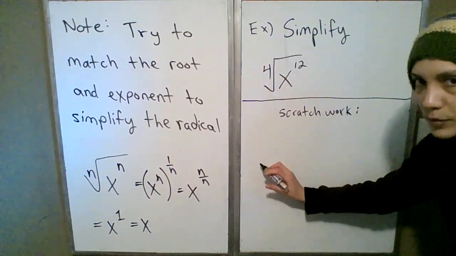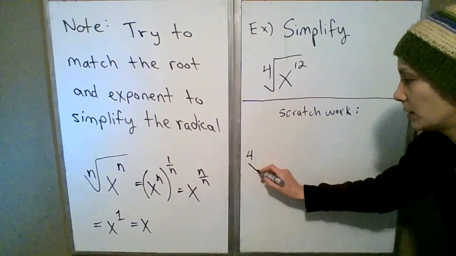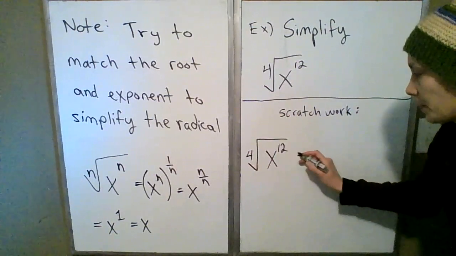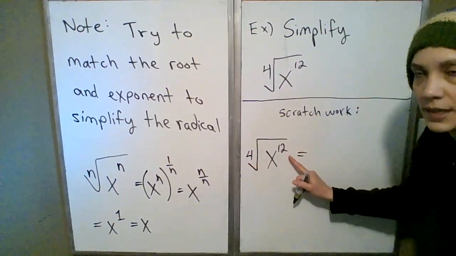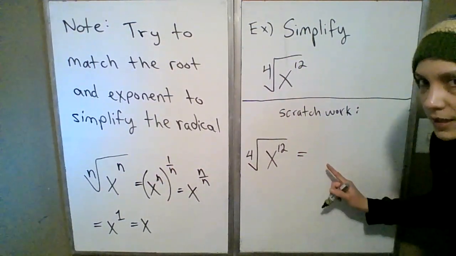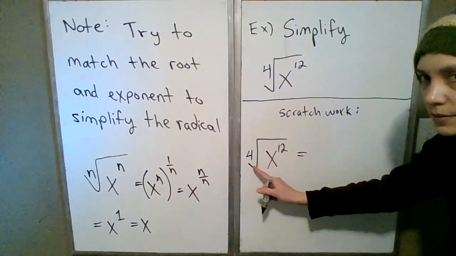I'm going to take my problem for my radical, and I'm going to make this x cubed with power 4, because I want a power that matches that root 4.